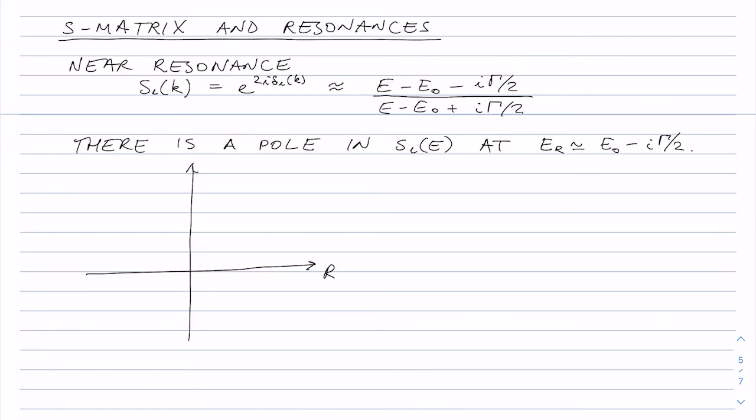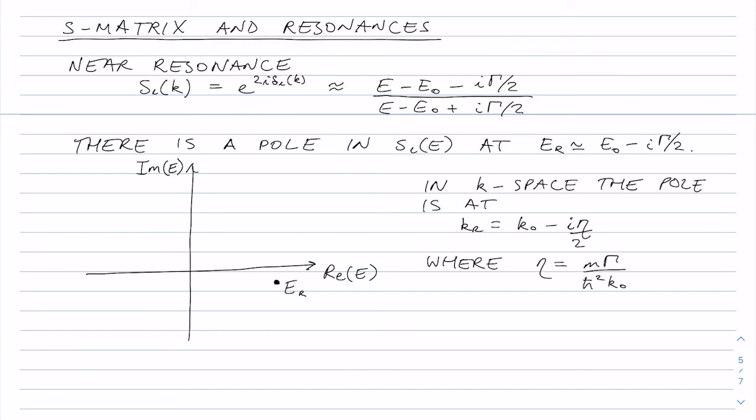So this is the real part of the energy, and this is the imaginary part of the energy in the usual way. And now we have some resonance which is sitting off this real axis by a little bit, by a little factor, gamma over 2. Alternatively, we could think about it in K space. So we have a pole either in K space or in energy space.